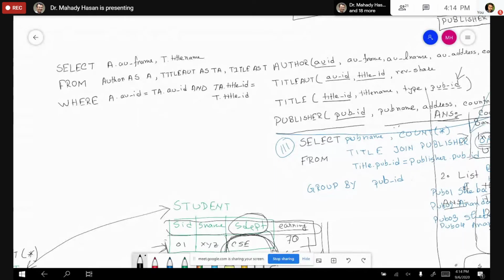So instead of simply saying join, we can write this piece of information.